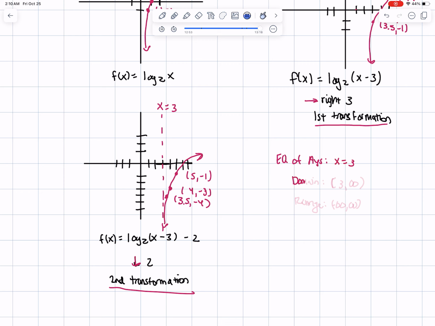Our domain and range. Our range is, again, all real numbers. And our domain is from left to right. So it's 3 bracket to infinity, parenthesis. So that is how you graph logarithmic functions.